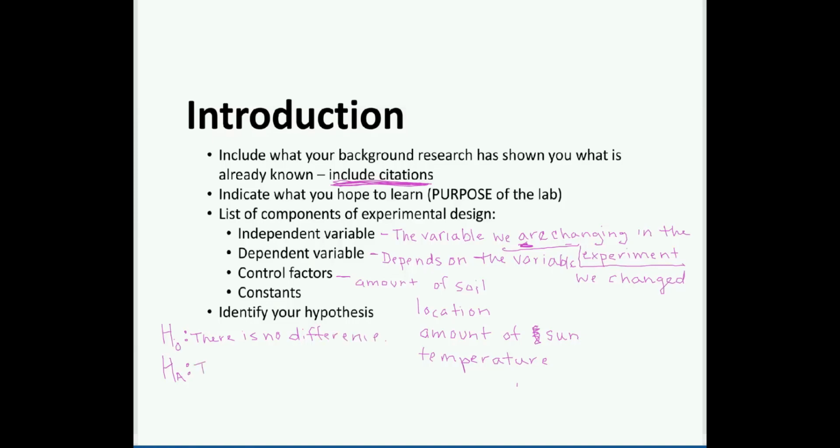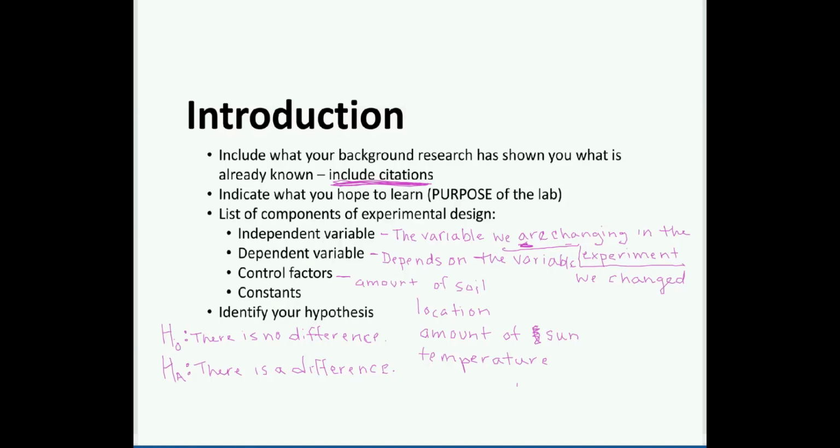And the negative is there is a difference. Because these are so vague, you'd have to run some sort of statistics if you want to run a chi-square test or something like that. You have to run statistics in order to use a hypothesis like this, okay?